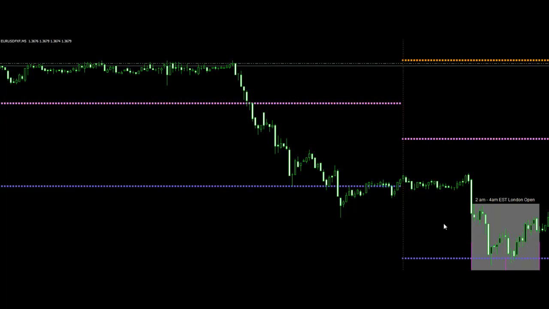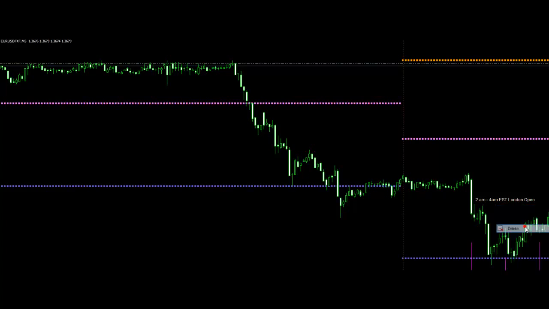But for now, I'm going to take this out just for a moment. Okay, so now we have our windows still noted with the lines, and 3 a.m. is down here. Price trades down right into S1, begins to rally, trades back down into S1.